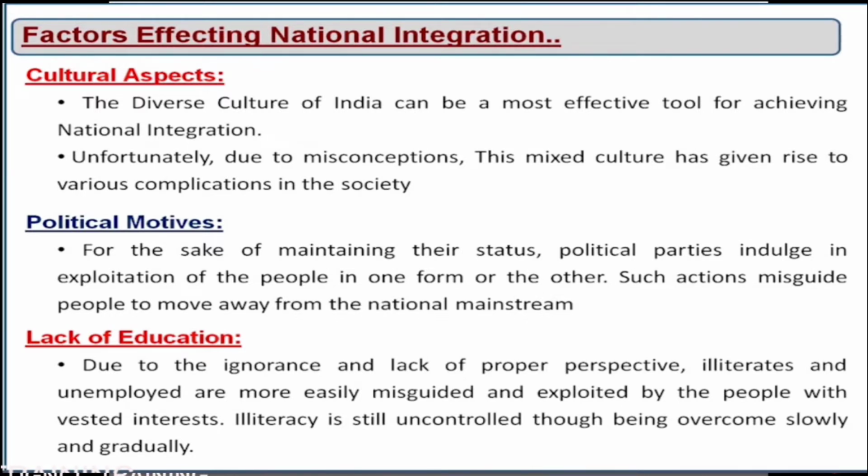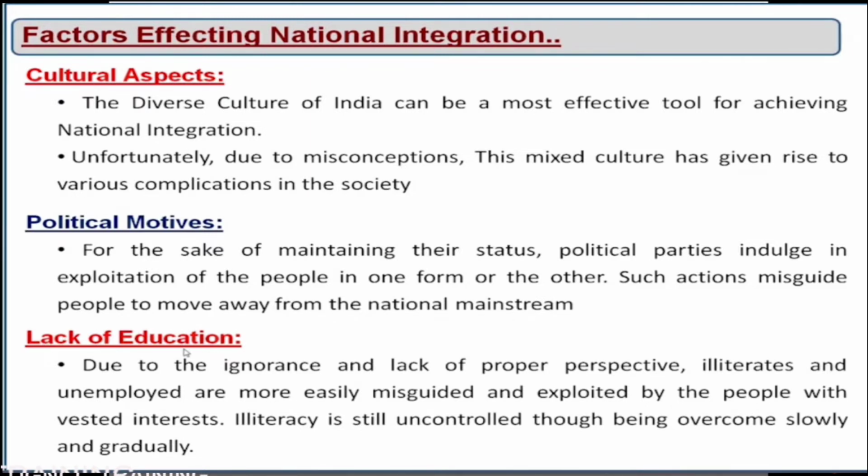For example, in states, political parties for their sustainability attract and motivate people basing on their regions, religions, language, etc. These political parties who are concentrated in a state seem to think only in terms of the interests of their own states or some part of the state. And such selfish actions misguide people from the line of national integration.